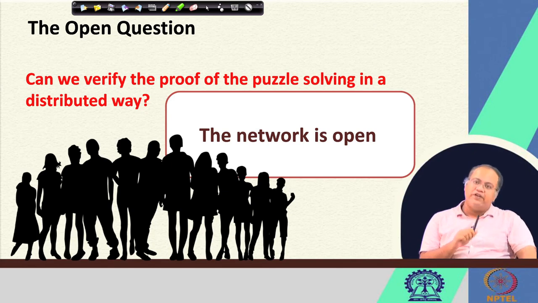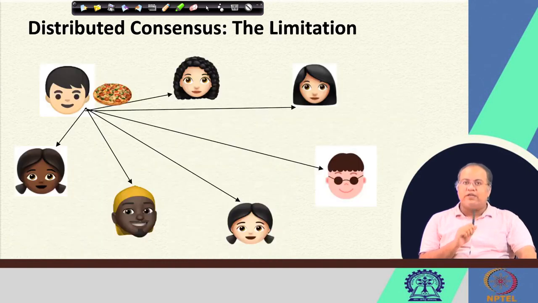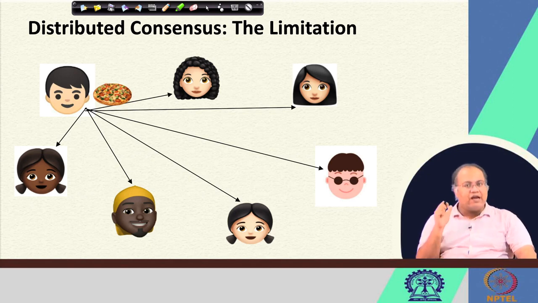Let us try to revisit the distributed consensus algorithm that we had discussed earlier in the context of the distributed system literature. How does that distributed consensus work, if you remember? We are discussing again that example of burger and pizza. Whatever your choice, you make a phone call to your friends saying, hey, I like pizza, or if you want to go for a burger, you say, hey, I prefer burger, I want to go for a burger.